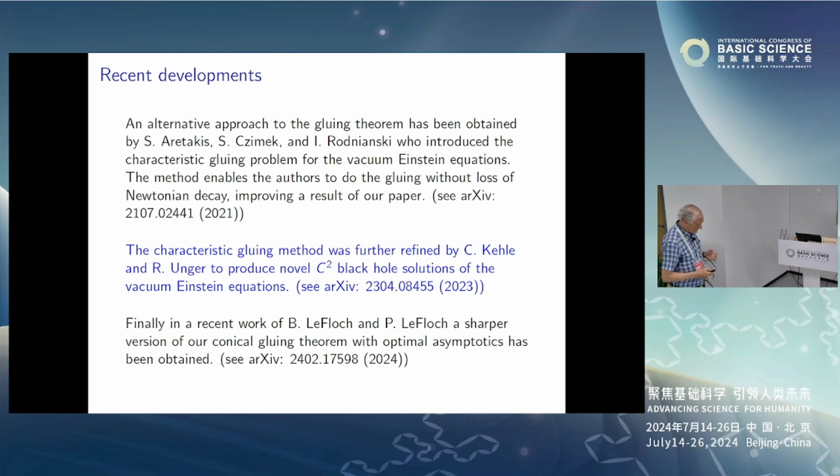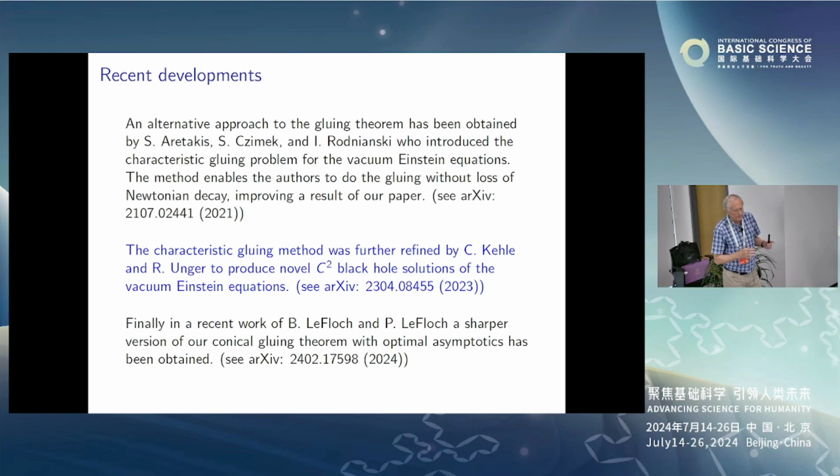Okay, and finally, I have one more slide, but let me just say that, as I mentioned, part of the starting point of the gluing methods for the space-like case was the local problem: understanding the obstructions to deforming the constraint operator.